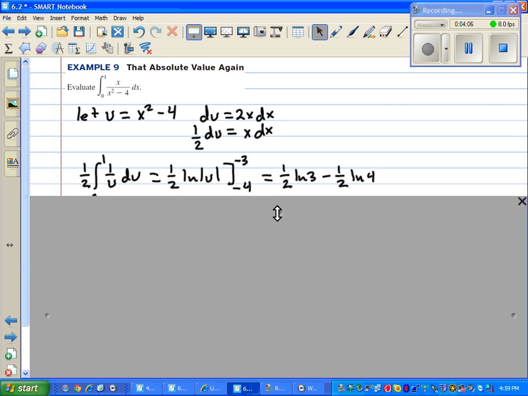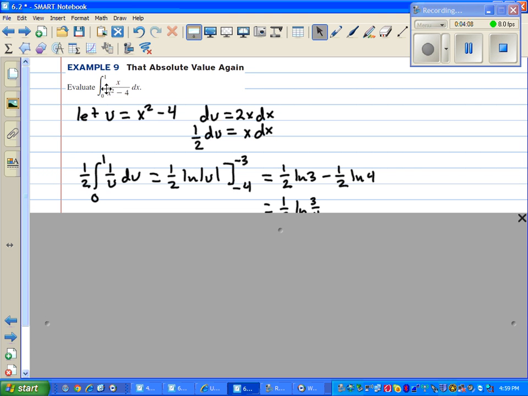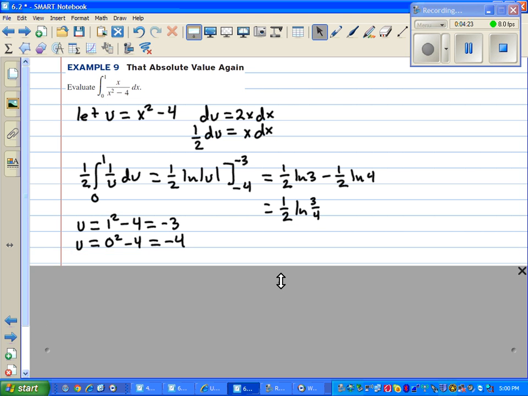When we make all the substitutions that we need, the 1/2 is on the outside, du is over here. So x dx is replaced with 1/2 du, and the x squared minus 4 gets replaced with the u. So we have 1 over u. The antiderivative of 1 over u is a natural log of the absolute value of u, and the 1/2 just kind of tags along.